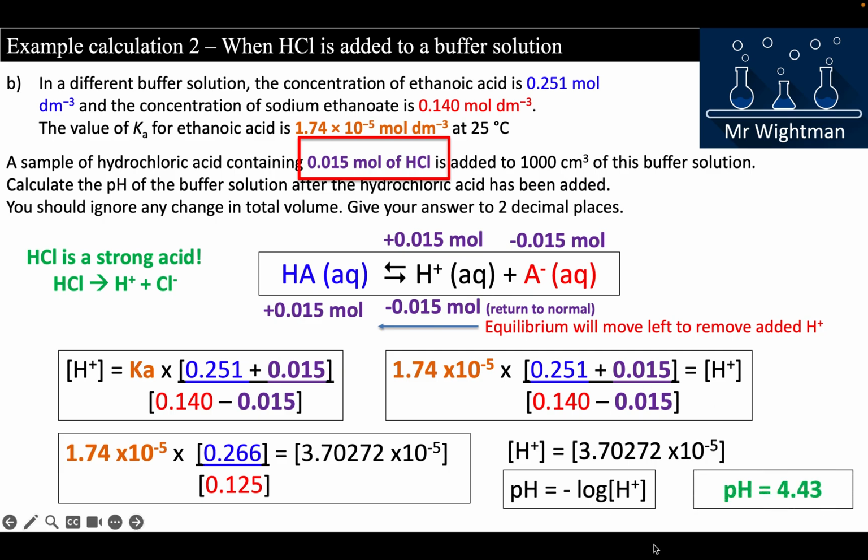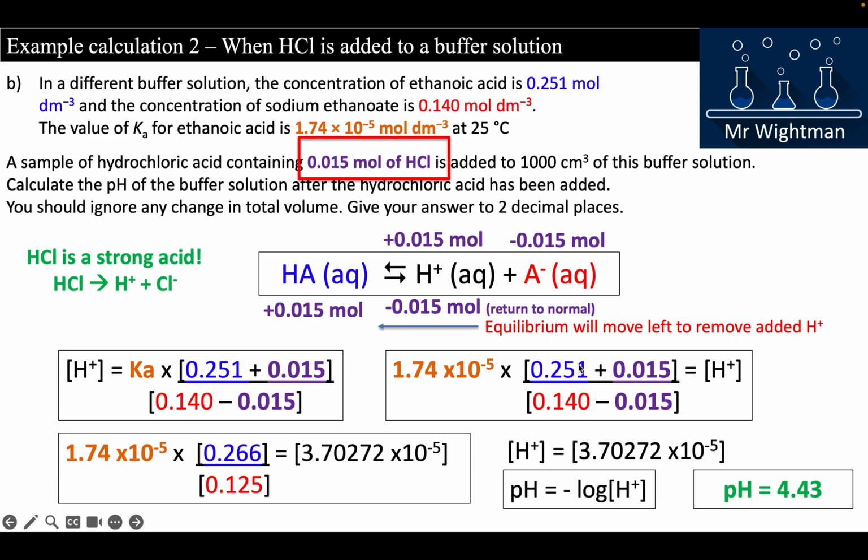So again, to just explain what happened here. Because the HA increased by 0.015, I've reflected that change here. So that is now 0.266. And because my A minus decreased when the position moved to the left, 0.14 minus 0.015 gave me my new concentration of A minus as 0.125.